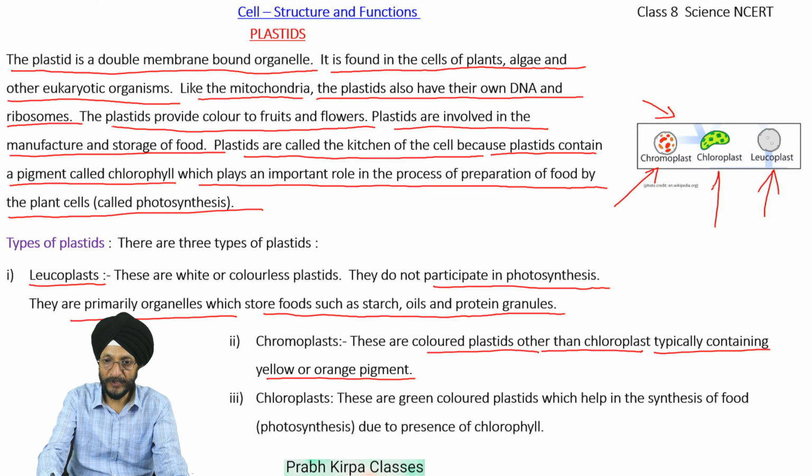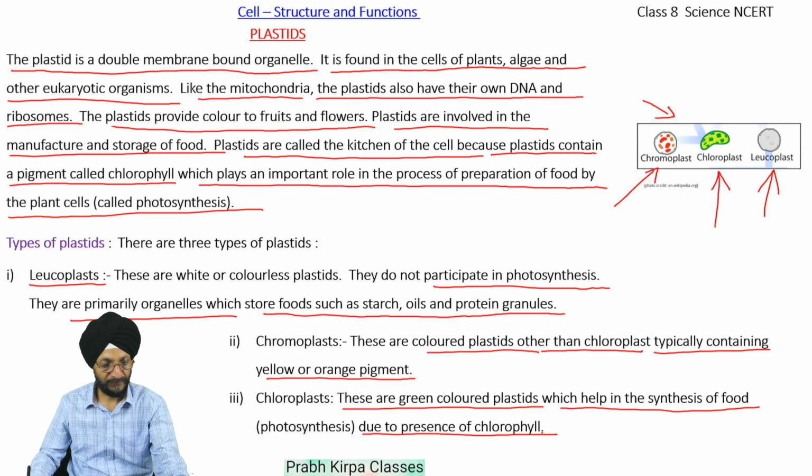Now we discuss the chloroplast. These are green-colored plastids which help in the synthesis of food due to the presence of chlorophyll. Chloroplasts contain chlorophyll, that is why they help in the synthesis of food.